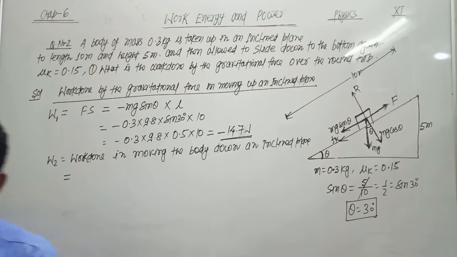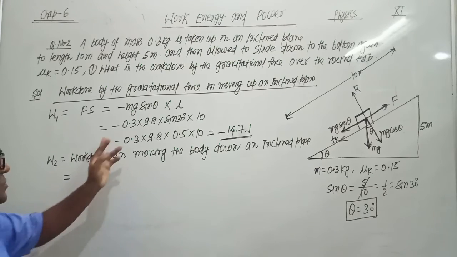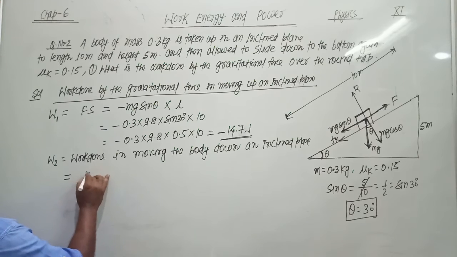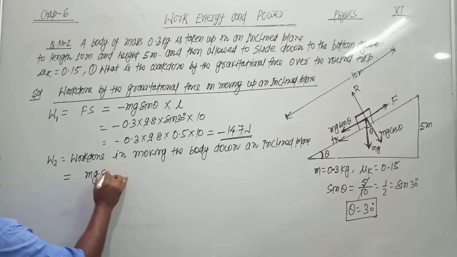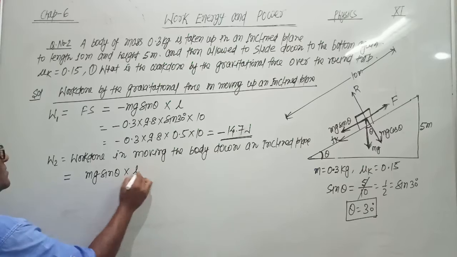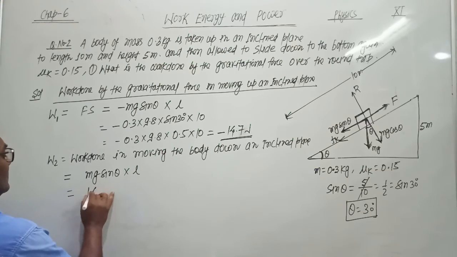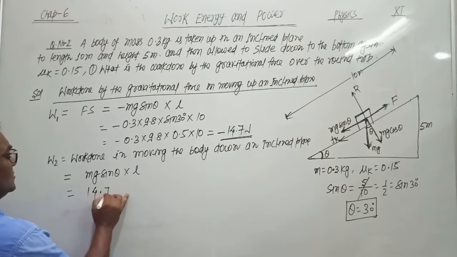So the angle between F and S is 0 degree, and Fs cos 0 degree is 1. So F into S means mg sin theta into L. The rest of the values remain the same, and we get the value 14.7 Joule.